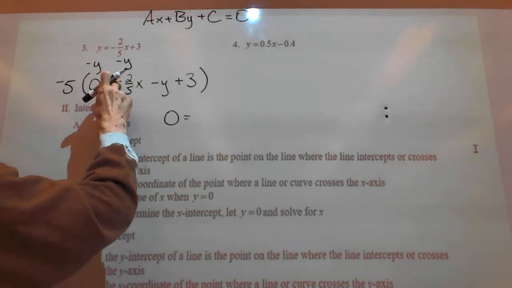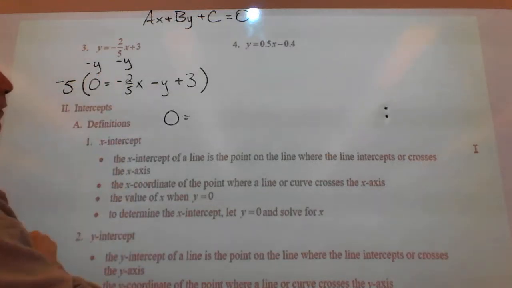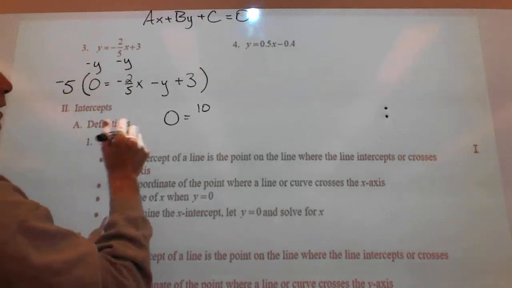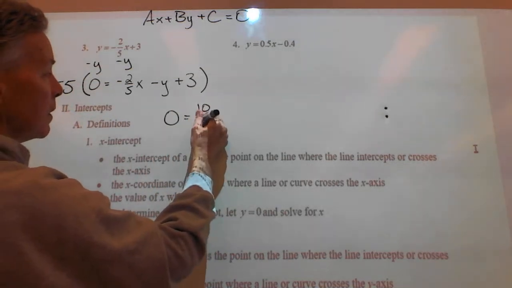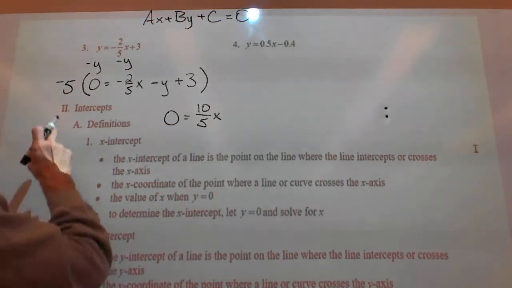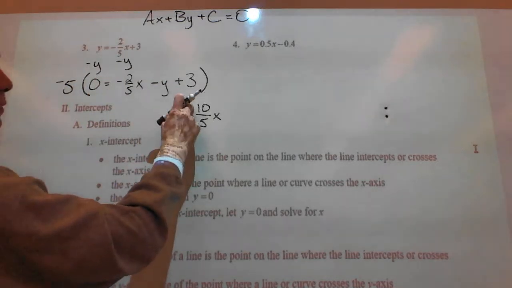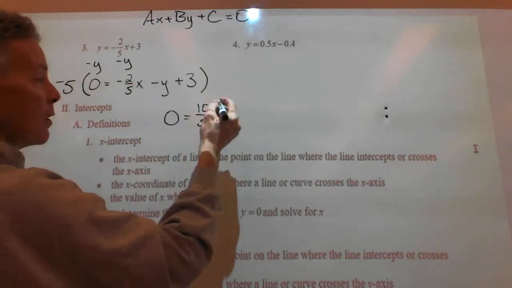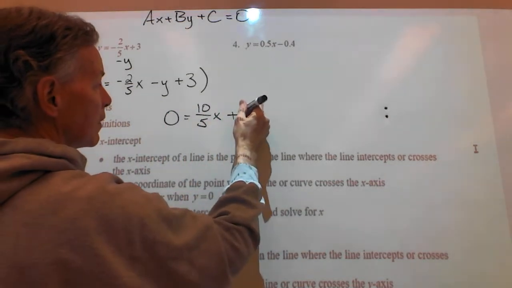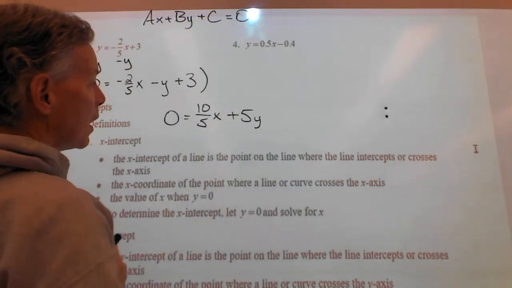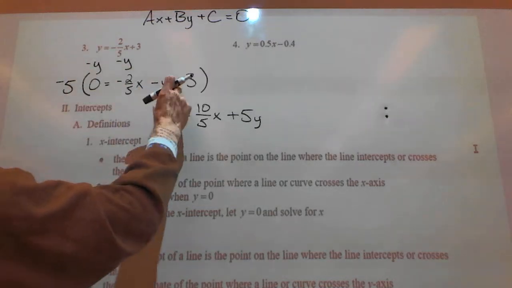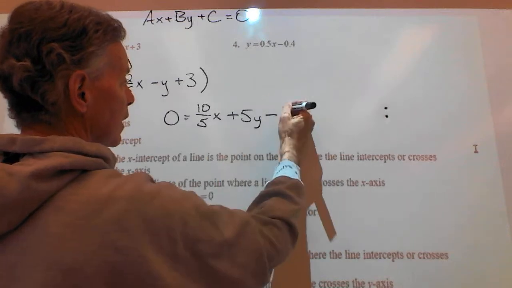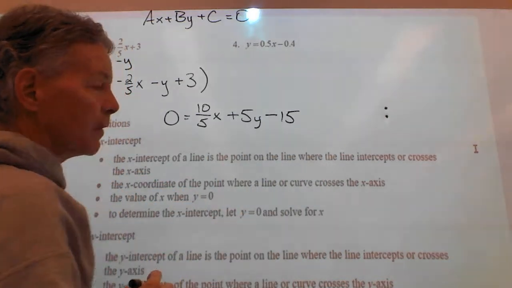Negative 5 times negative 2 over 5 will give us, remember, negative times negative gives a positive, 10 over 5 x, right? Negative 5 times negative 2 is positive 10. Negative 5 times minus 1 will give us plus 5y, and negative 5 times plus 3, positive times negative, will give us negative 15.